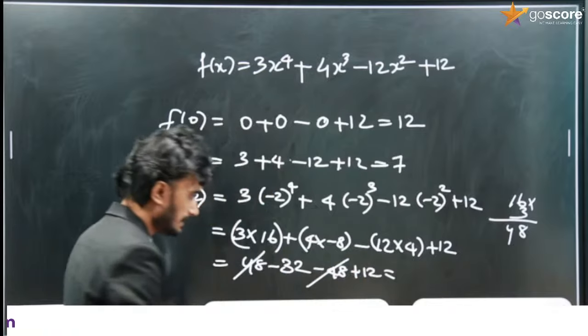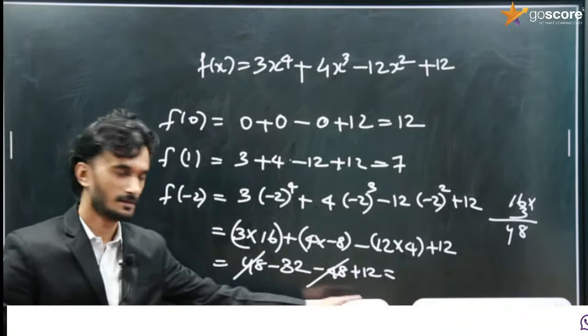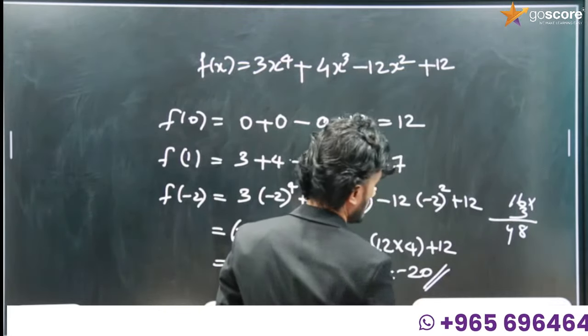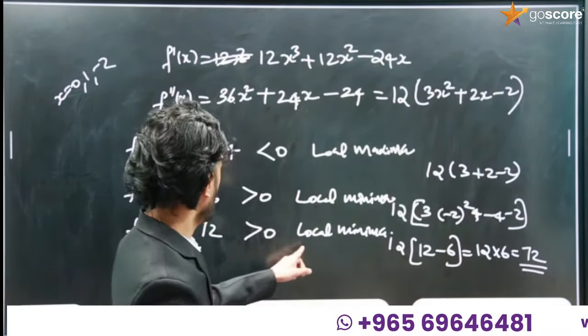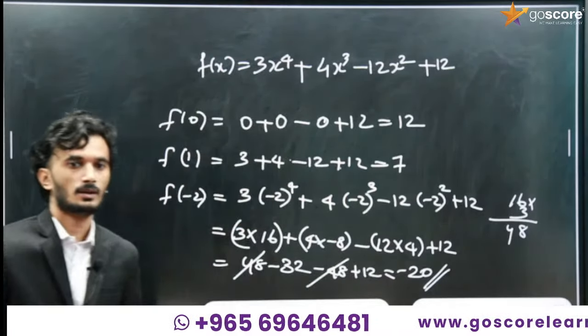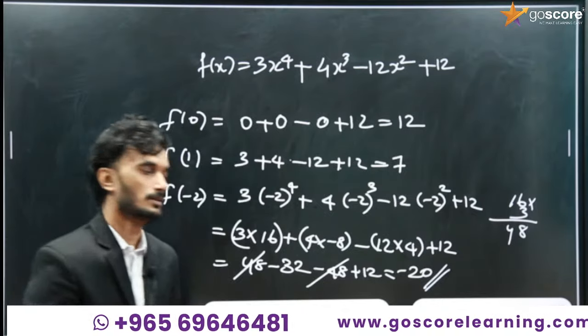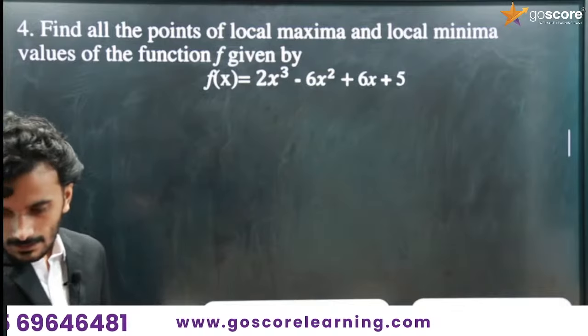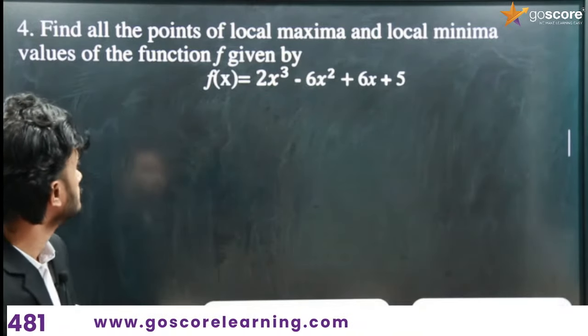So 48 minus 48 cancels, 0, minus 32 plus 12. So it is minus 20. So this one is also which value? Local minimum value. F of minus 2 is the minimum value. Okay, next we can move on to the next question.